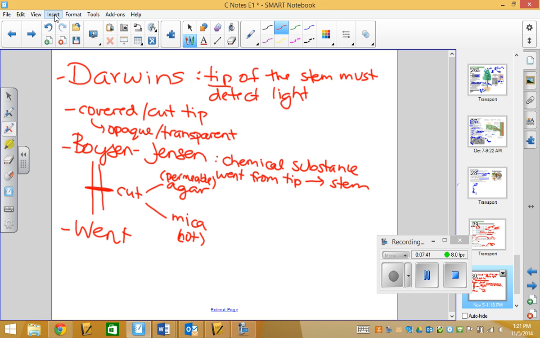What they discovered was that if they cut the stem and filled the space that they cut with agar, phototropism still occurred. If they cut the stem and put mica, the substance that's not permeable, they found that phototropism did not occur. So they deduced that some molecule had to get from the tip to the rest of the stem to make phototropism occur.